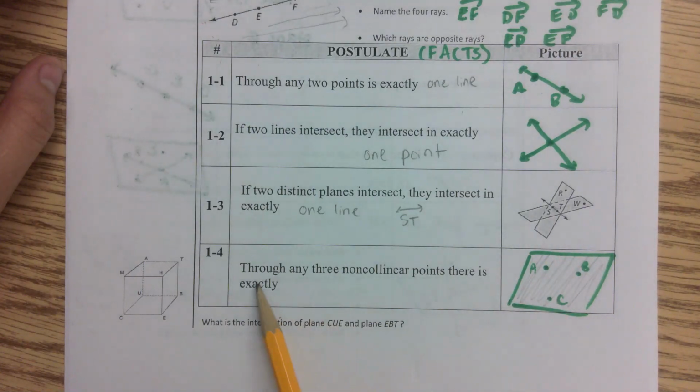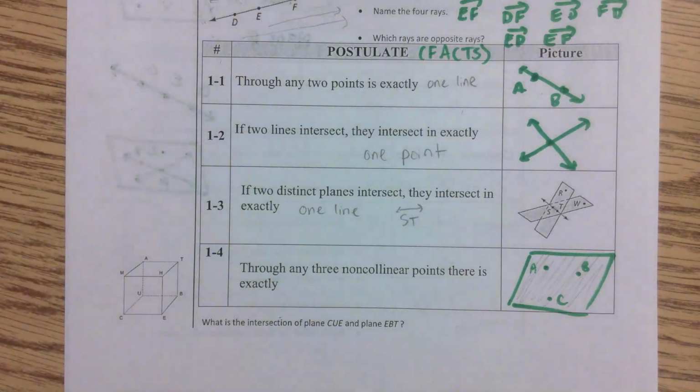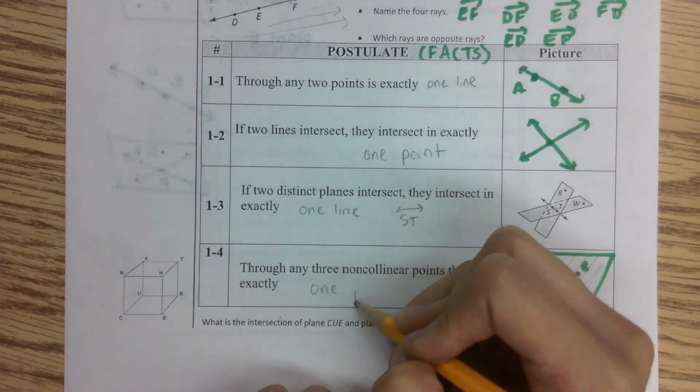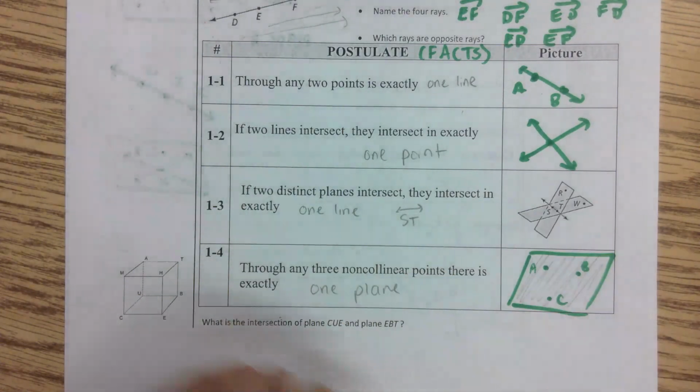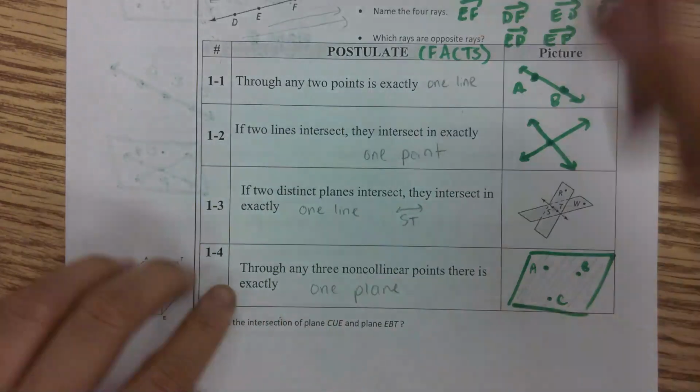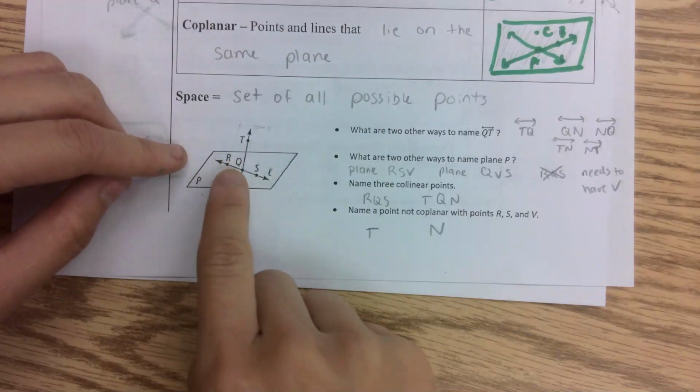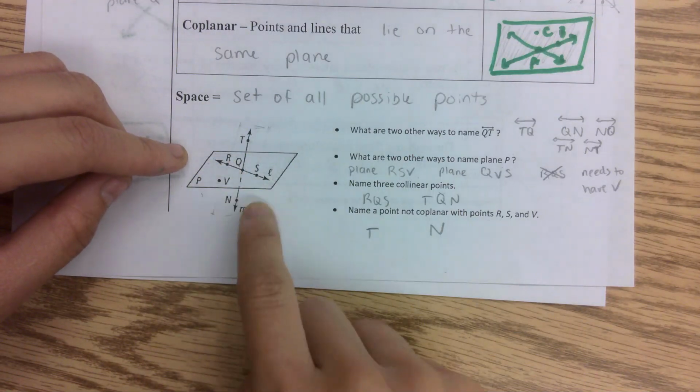And then through any 3 non-collinear points, there is exactly, what do you think, 1 plane. Right? So remember on the back side when I was trying to find naming plane P, and we weren't allowed to do RQS. We couldn't do collinear ones. They had to be non-collinear.